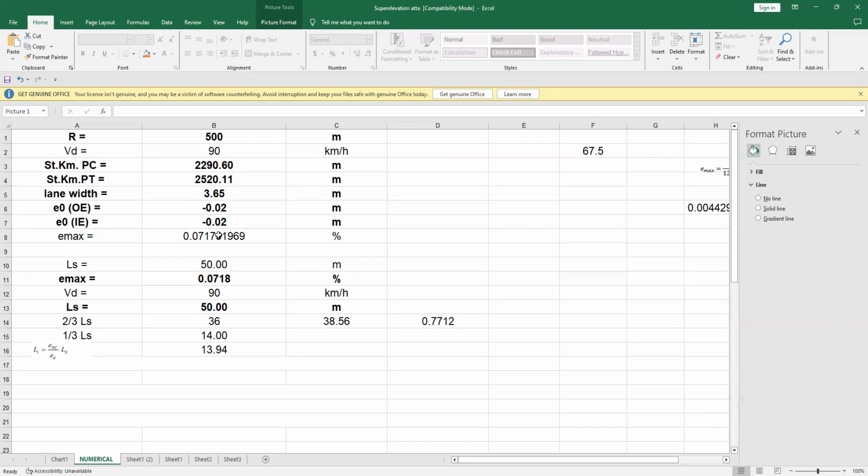Now let's calculate. We must know what the super elevation is.